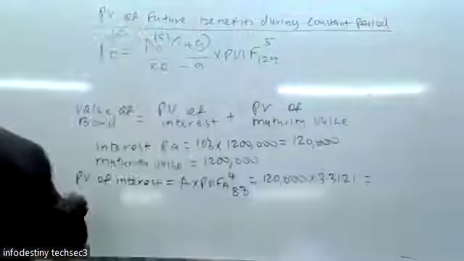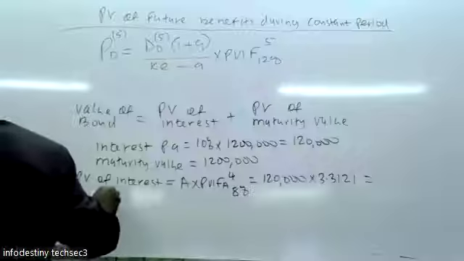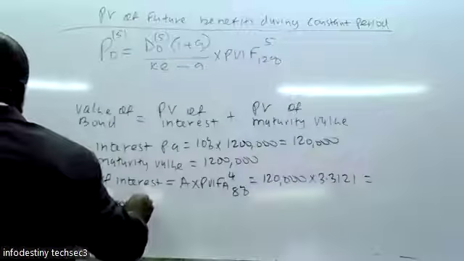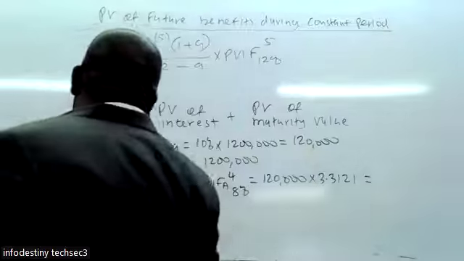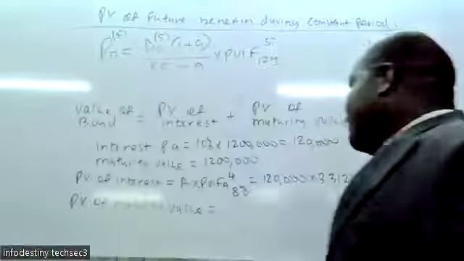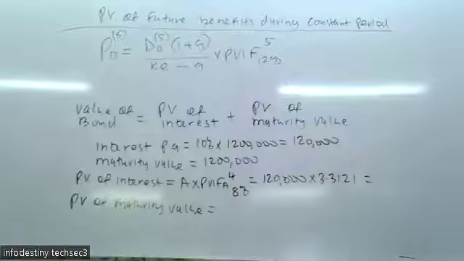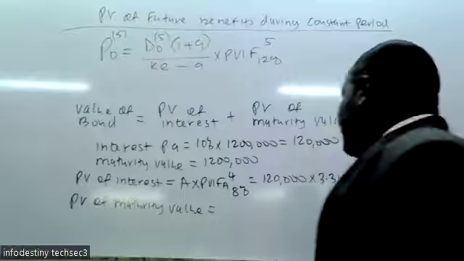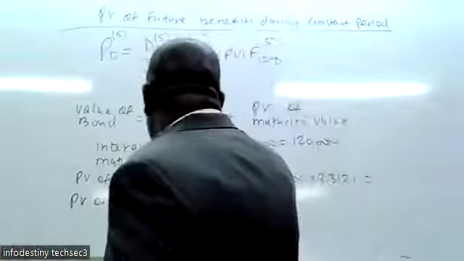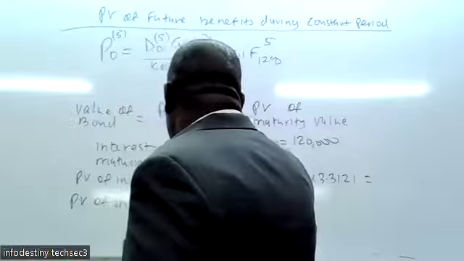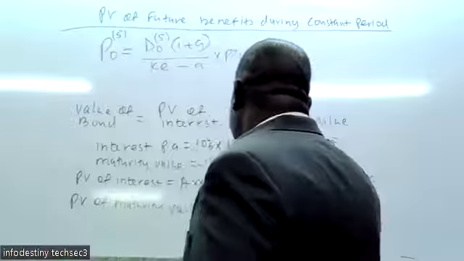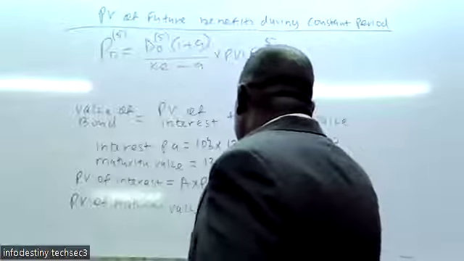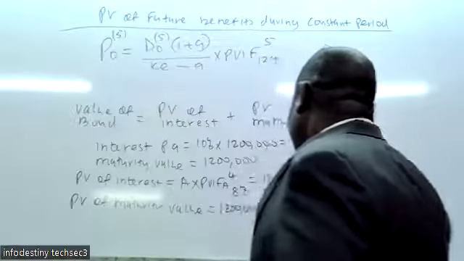Then there should also be the present value of the maturity value. So you simply take that maturity value of 1.2 million and discount it at the present value interest factor, 8% for 4 years.